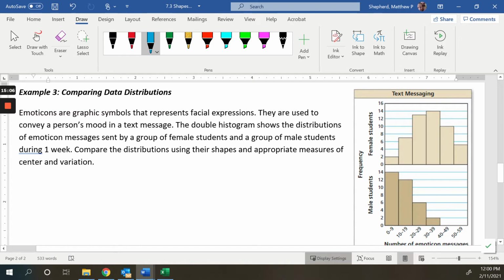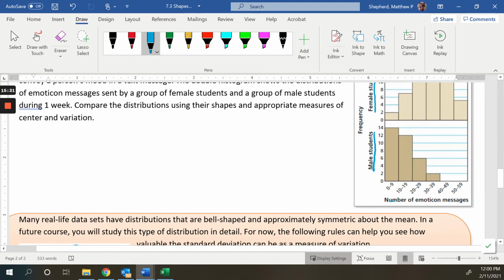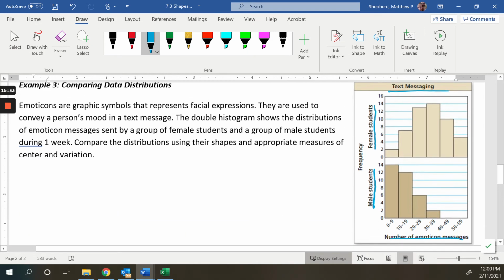In example 3, we are going to compare two different histograms to see what we can learn from this. So the chart title is text messaging, and we've got our first histogram, which says female students, and the second one is male students. And it looks like they're using emoticon messages.